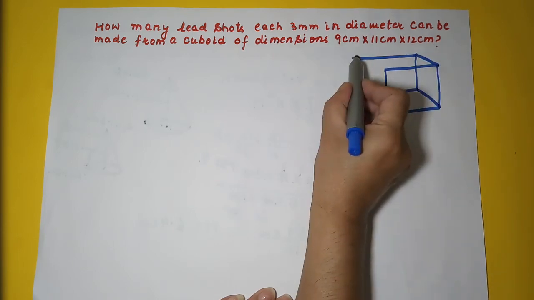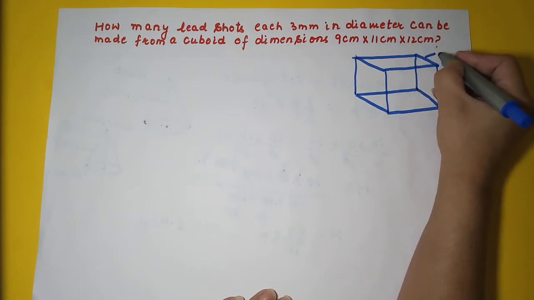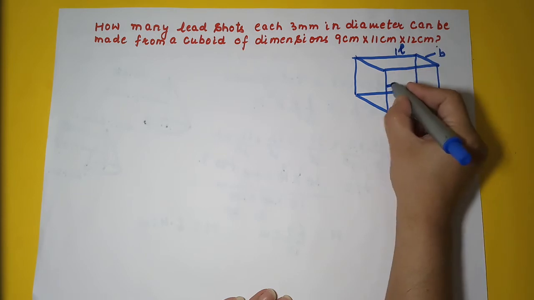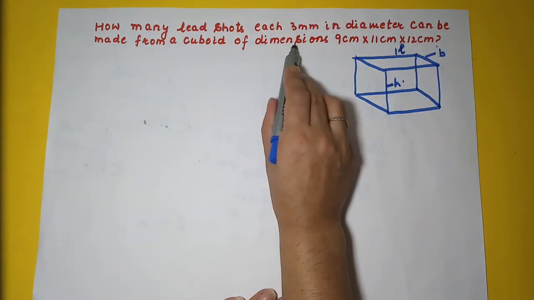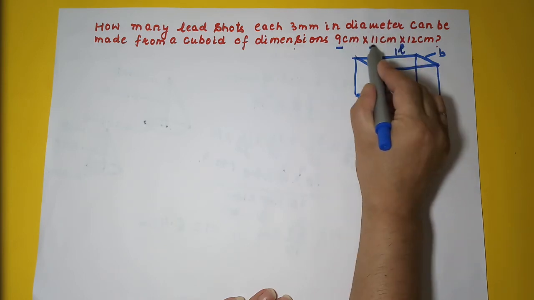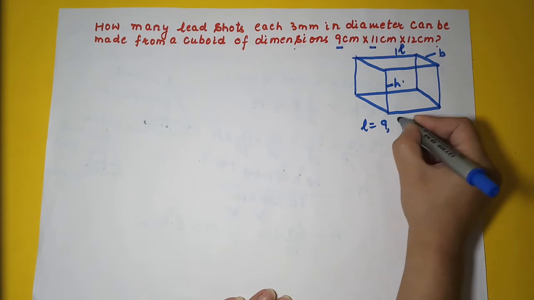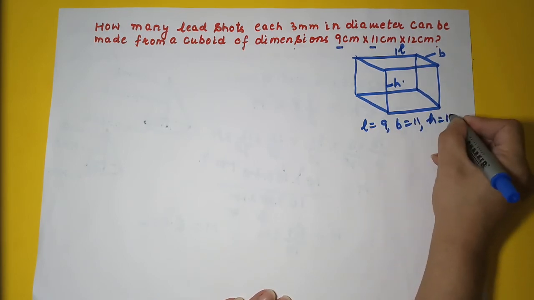So cuboid is a 3-dimensional figure in which length is different, breadth is different, and height is different, right? So made from a cuboid whose dimensions are 9, 11 and 12. He's saying that the length of this is 9, breadth is 11 and height is 12, right?